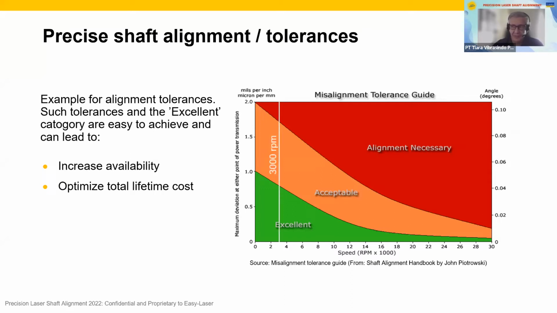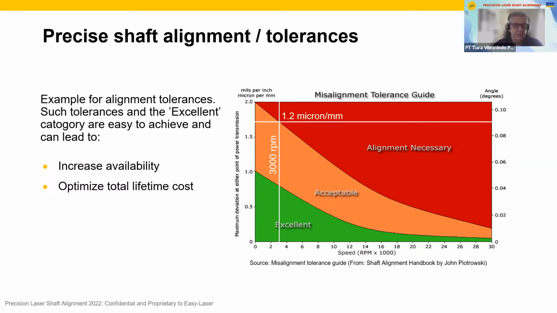Here we see on the graphic part of a guideline, a tolerance that is published in a kind of alignment handbook, which many people consider the Bible of alignment, by John Piotrowski. The EASY-LASER tolerance or the ANSI tolerance guideline are pretty similar to it. So here we set the current speed that we have applied to our machine, like 3000 RPM. That is our vertical.